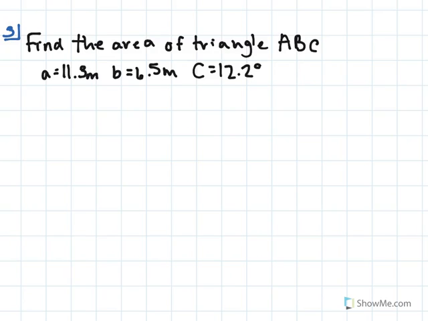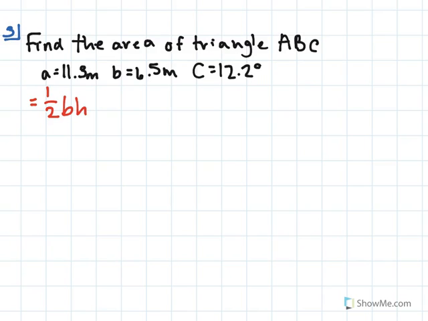In this question, we're asked to find the area of triangle ABC given that side A equals 11.3 meters, side B equals 6.5 meters, and angle C equals 12.2 degrees. So typically we would know that the area of a triangle would be 1/2 base times height.